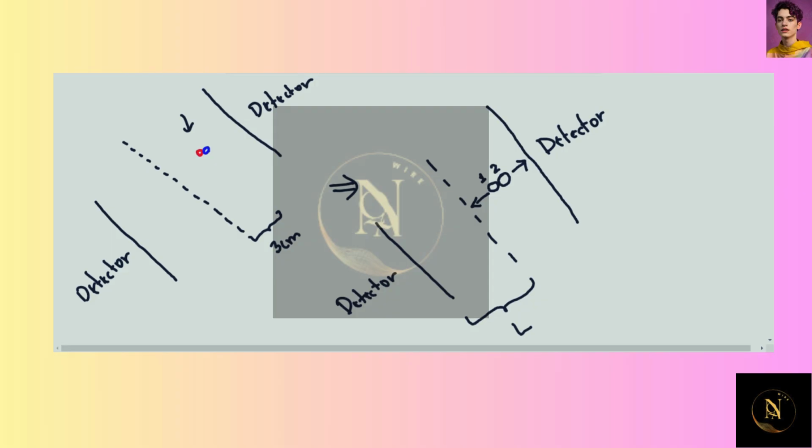So for this problem, we have a positron-electron annihilation, as is shown in this figure, and it occurs at 3 centimeters from the center of the line connecting two detectors. Now, we know that the result of this is two photons, also 3 centimeters from the center.